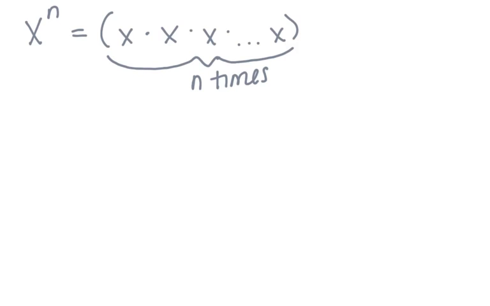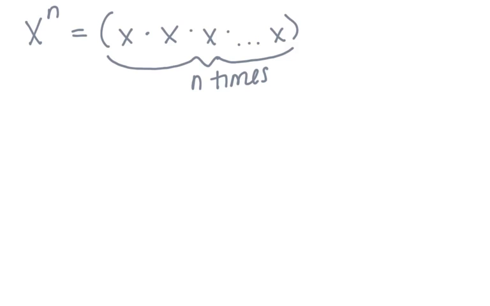Now let's talk about how we can write expressions. If I give you x to the power of n, how could we write this as an expression? And no, there's no numbers. So if we want to write this as an expression, it would look something like this. In parentheses, we have x times x times x dot dot dot x.